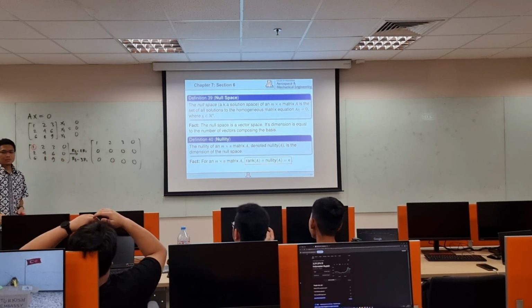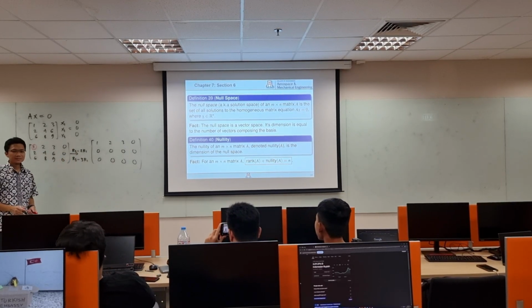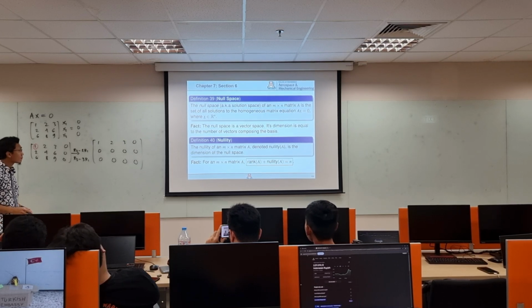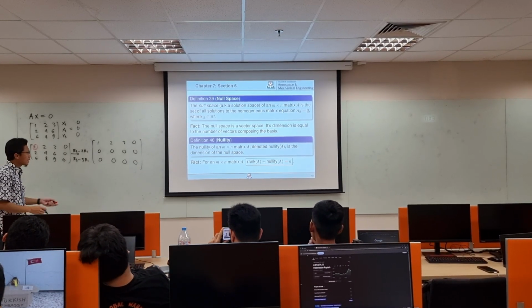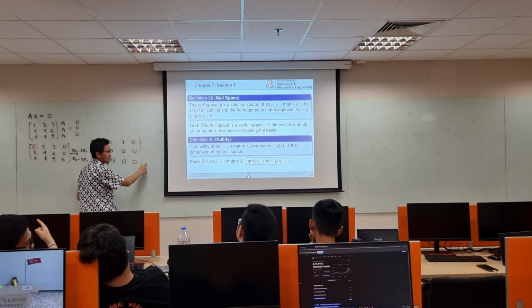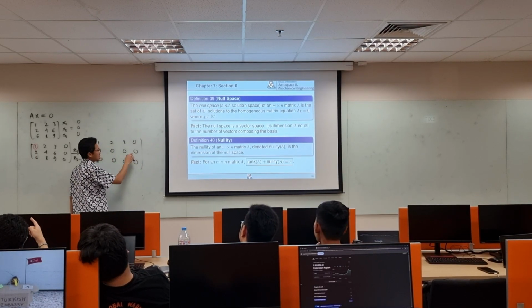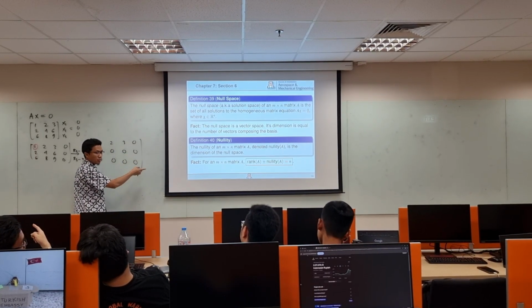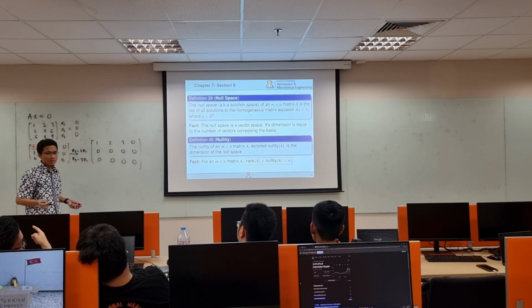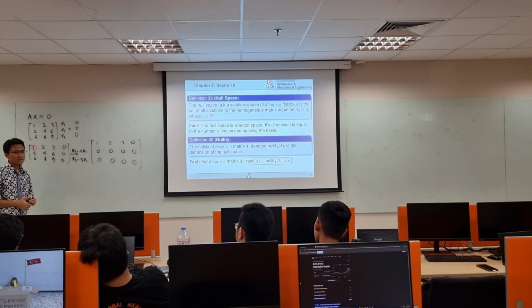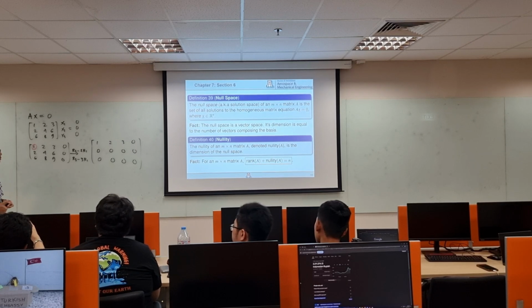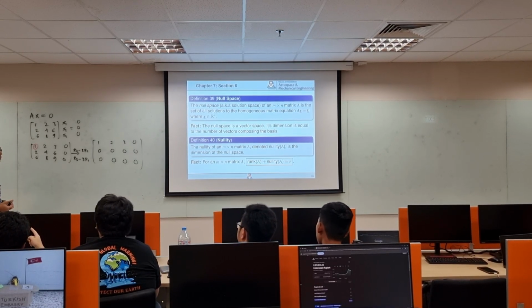It says here 0 times x2 plus 0 times x3 is 0. So how do we get x2 and x3? Sir, it should be R3 minus 3R1.